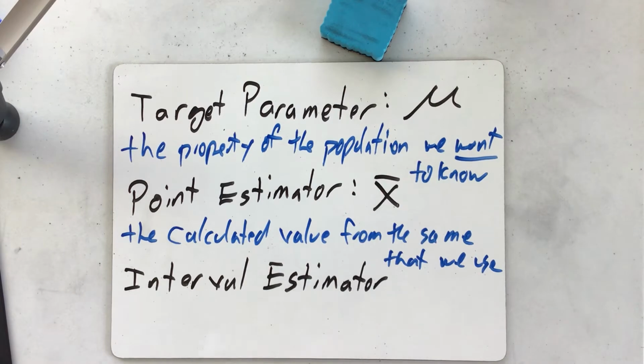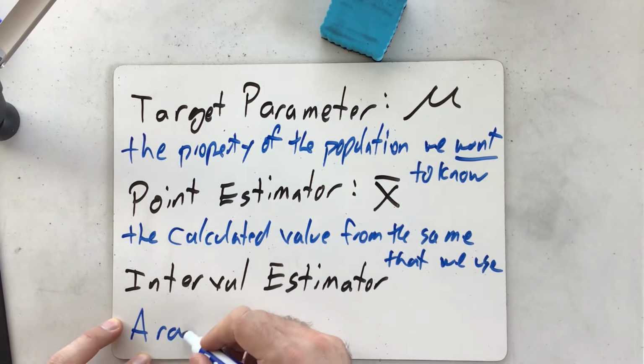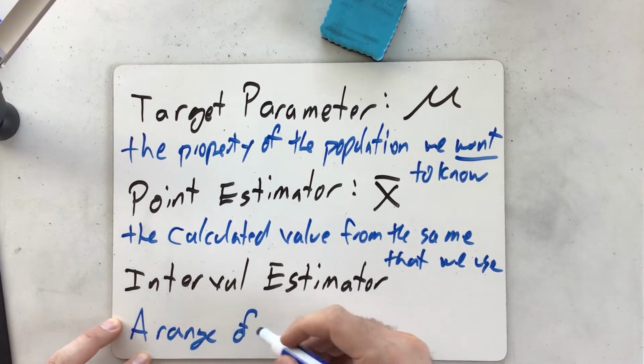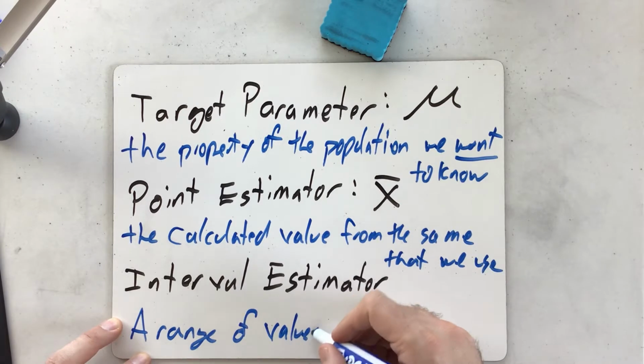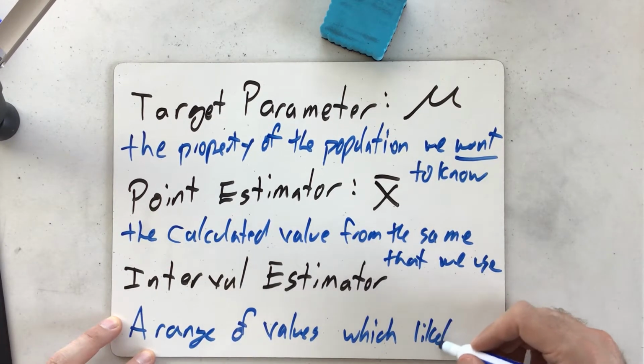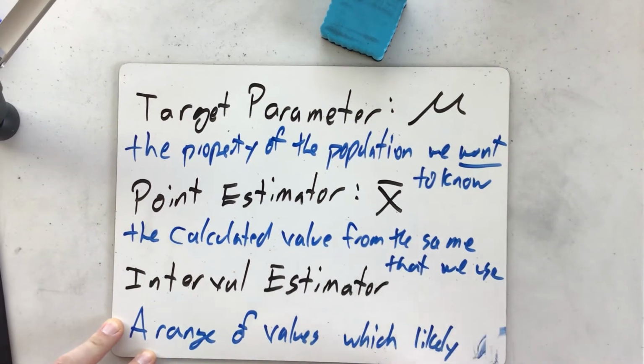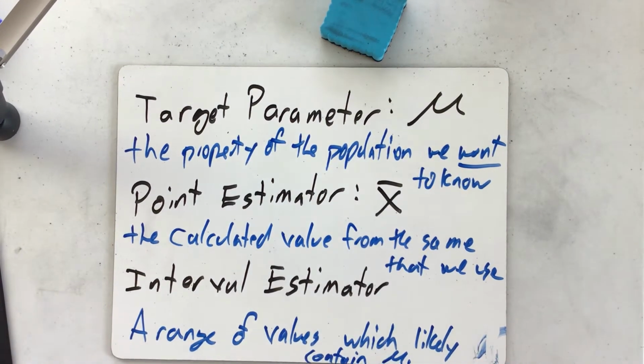And what we're going to do is, instead of making an exact estimate, we're going to make a range of values which likely contain mu.